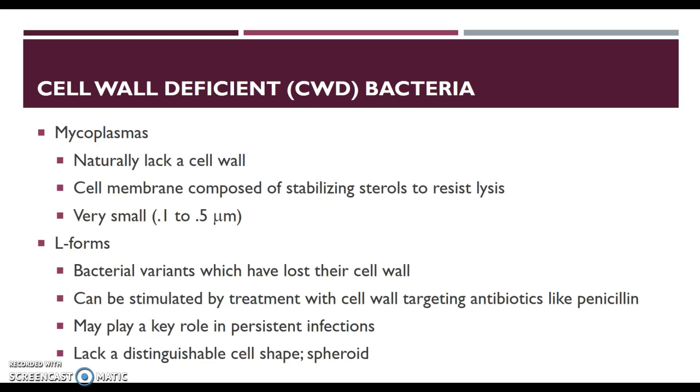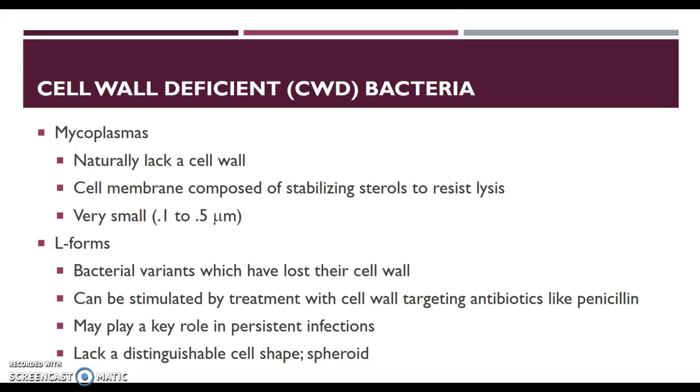We also have L forms, and these are variants of bacterial species which over time have lost their cell wall. And this loss can be stimulated by treatment with a cell wall targeting antibiotic like penicillin.